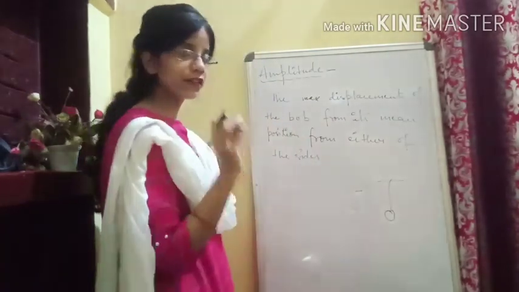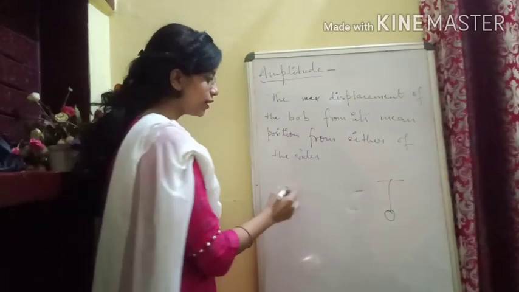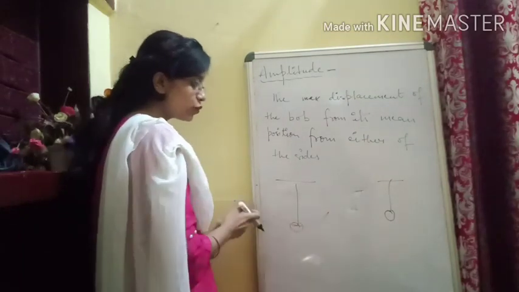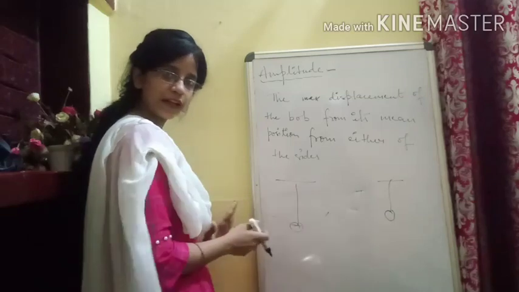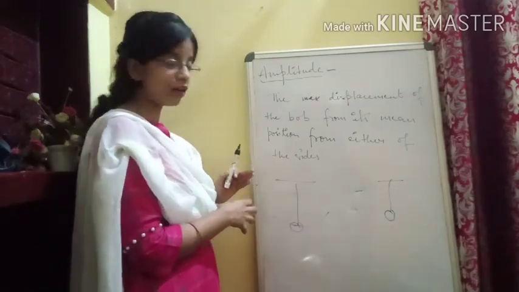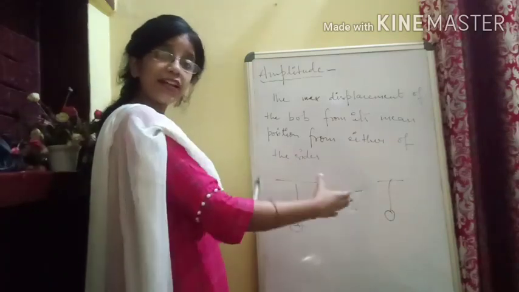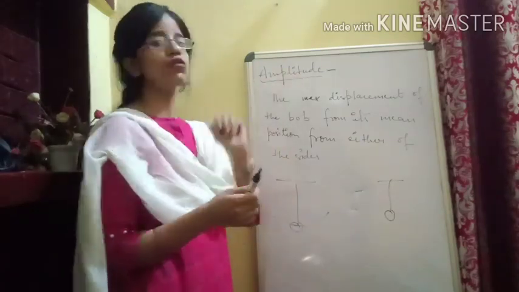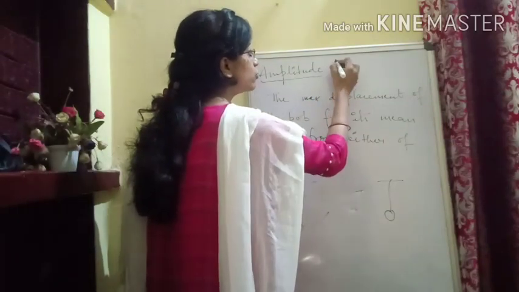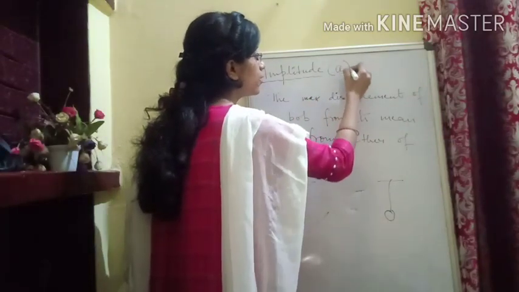Are you clear with the thing? So that means we are taking a simple pendulum and it will be doing some oscillation and it will cover some distance or displacement. We are considering the maximum displacement covered on either side, and that maximum displacement is known as amplitude. And now the amplitude is denoted by small a.